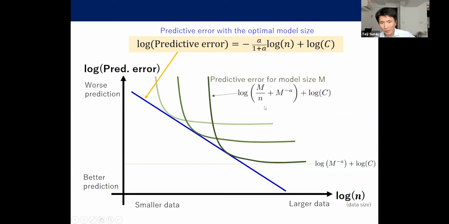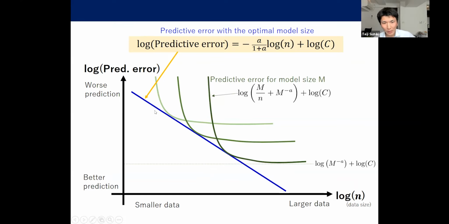And if you fix the model size, the predictive error is given by this curve. So it looks like this. For different m, we have a different curve. But for each sample size n, we choose the best model size. So then we get this blue line as an optimal predictive error.